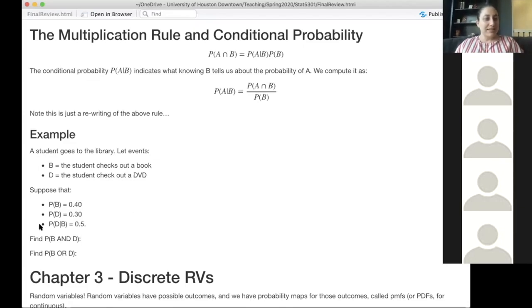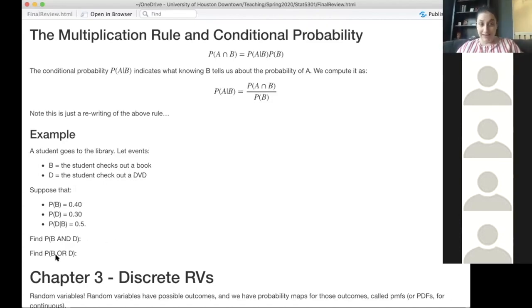Right. So you're using this guy, because that's and, our intersection. It is the probability of D given B times the probability of B, right? 0.5 times 0.4 is 0.2.